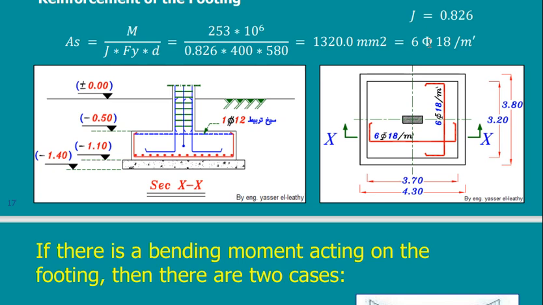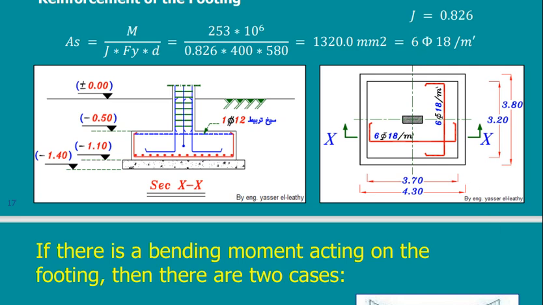If I have 1 meter divided by 6 rebars, then the spacing between rebars will be okay. The code tells me that you should not put 2 rebars more than 20 centimeters away from each other. More than 20 centimeters means the minimum I have is 5 rebars per meter. So in this case, it is 6 rebars. Okay, this is okay.